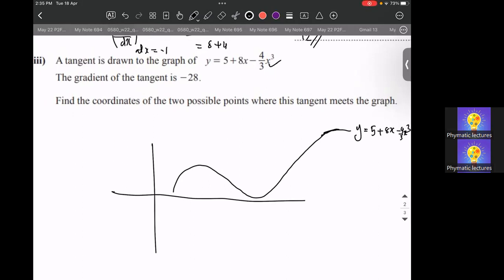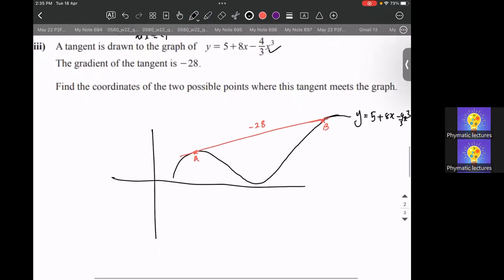Now, if you're drawing a tangent, and if this tangent is passing through 2 points on the curve, at these 2 points the gradient of this tangent is -28. That means that at A and at B the curve also has the same gradient.